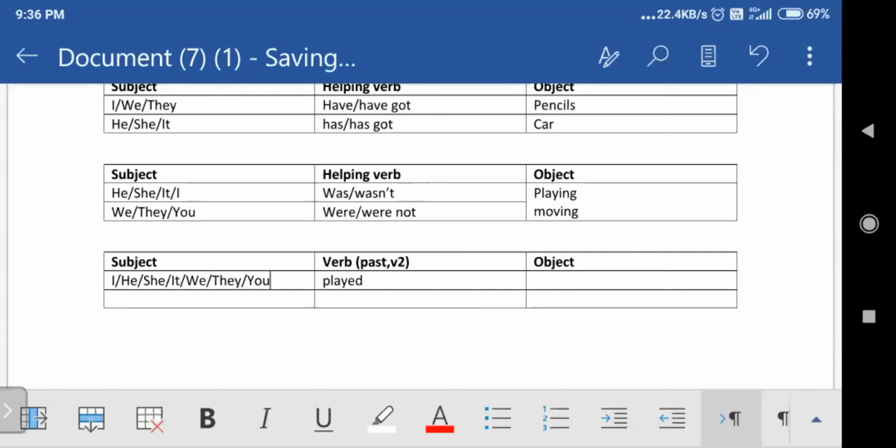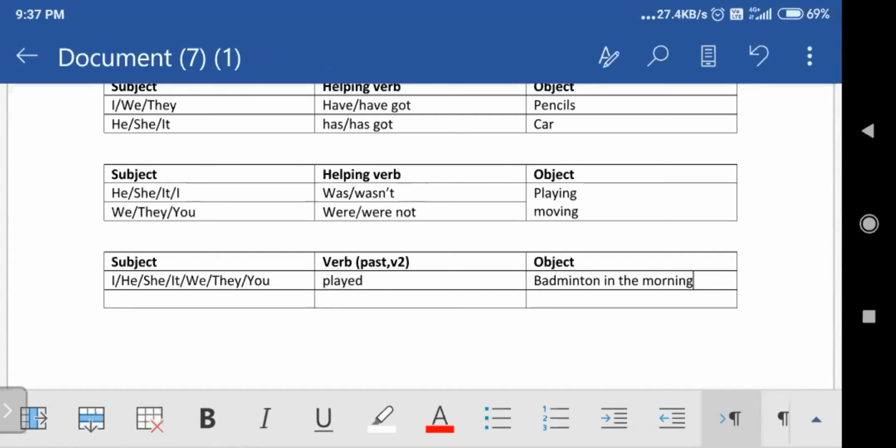But for the past simple tense, otherwise, all of them go like that. So, he played a game yesterday. He played badminton, or whatever you want to say as the object, in the morning. You can even write more sentences or anything regarding that, or nothing at all.